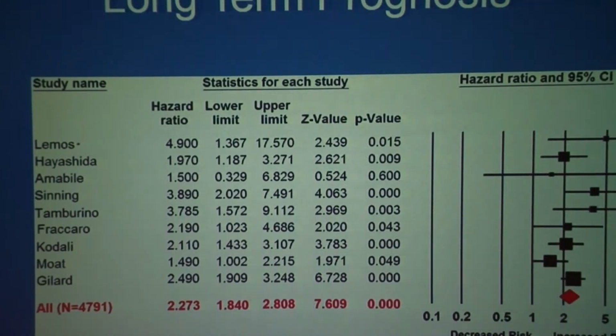When they looked at mild AI, they did see a significant increased risk, but when they did sensitivity analysis where they took out some of these studies, they found that relationship wasn't significant anymore. So there's still a little bit of controversy whether mild paravalvular regurgitation is associated with poor prognosis.